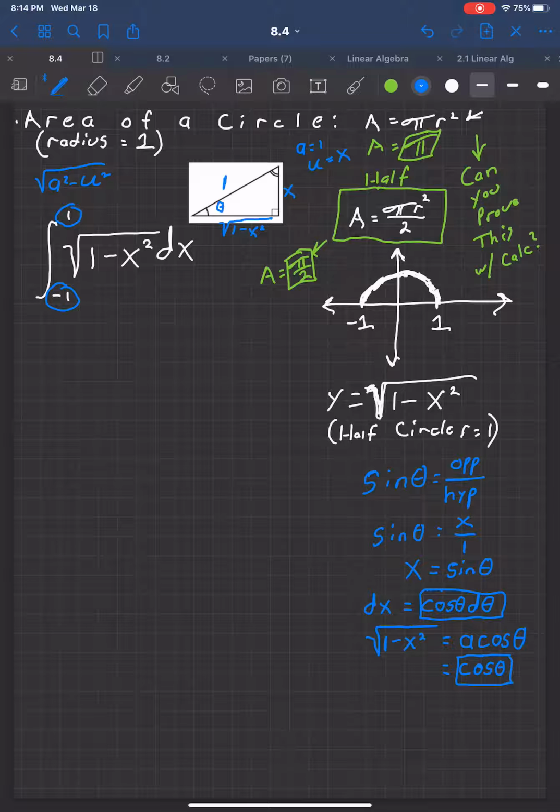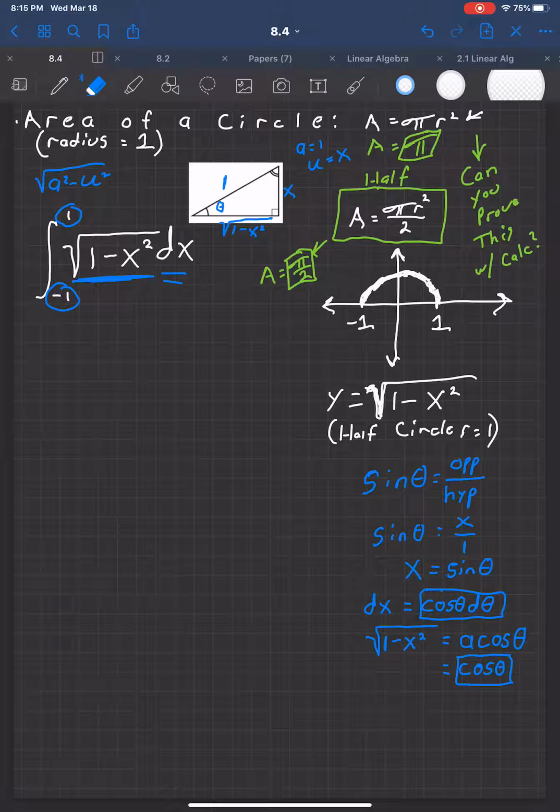So ready at this stage, I'm going to be substituting in a cosine of theta for this square root of 1 minus x squared, and I'm going to be substituting in a cosine of theta d theta for my dx. So let's rewrite everything. Now I'm going to leave my bounds, my upper and lower bounds, alone for just the time being.